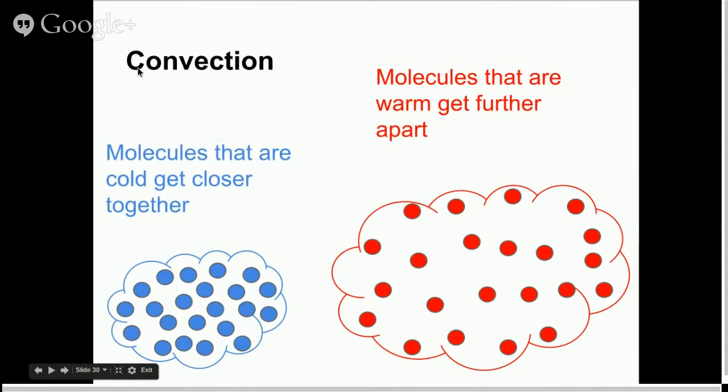And the final type of heat transfer is called convection. Okay? Convection happens when there are molecules that are hot and cold. Okay, so these are hot molecules and these are cold molecules. Cold molecules stay closer together, and warm molecules like to spread apart.